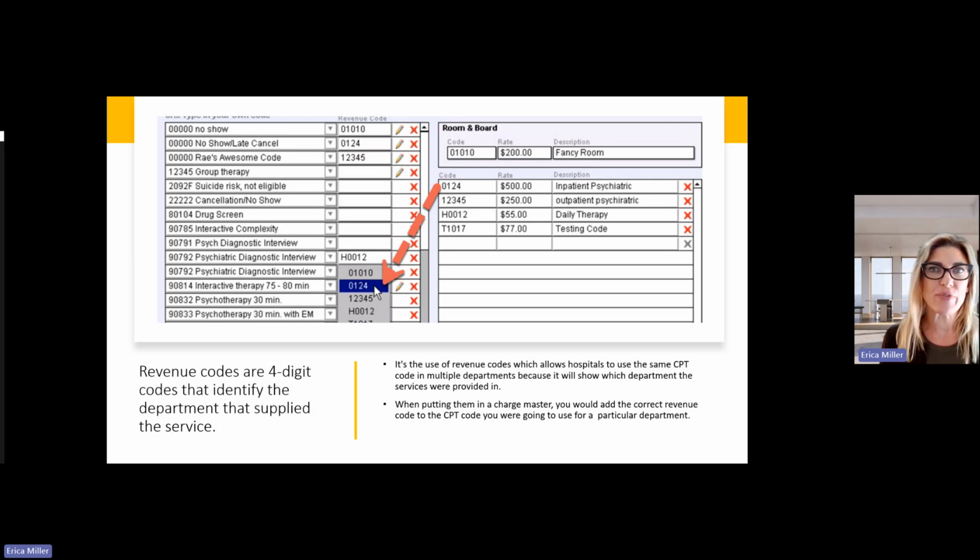Just like the CMS 1500, we don't physically see these templates in front of us. We're creating the information and entering the data that goes onto these templates depending on what source, right? What department is supplying the services or supplies?